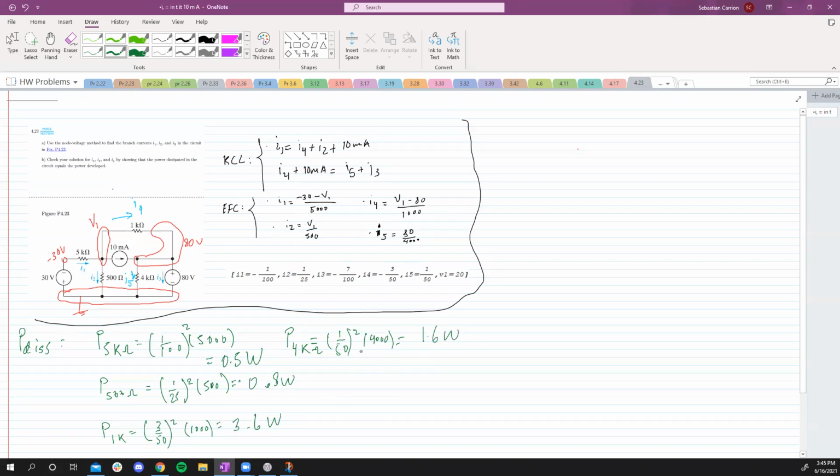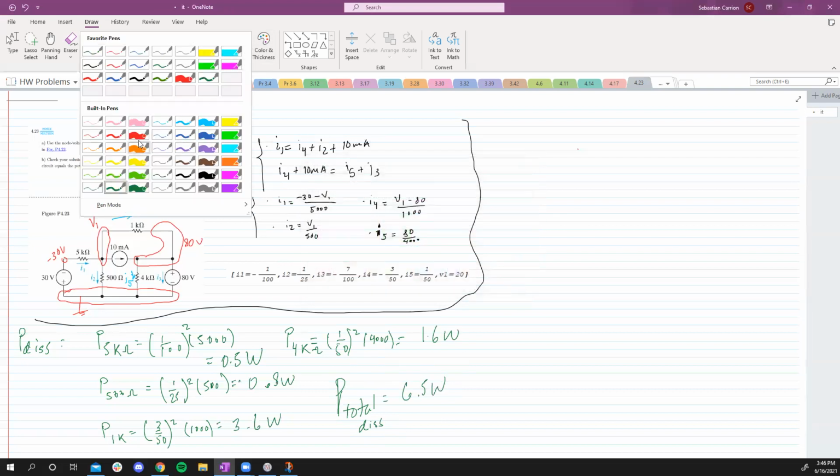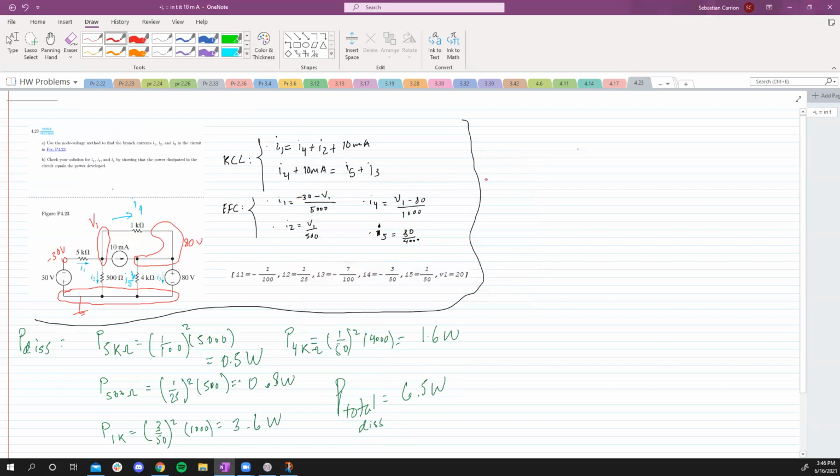So the sum of these is 1.6 plus 3.6 plus 0.8 plus 0.5. Right, so we have a total power dissipated of 6.5 watts.